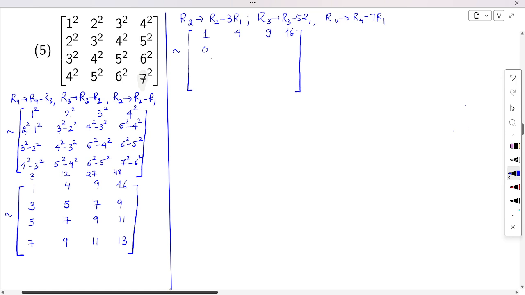Now subtract this row from row 2. So this becomes 0, 5 minus 12 is minus 7, 7 minus 27 is minus 20, and 9 minus 48 is minus 39.